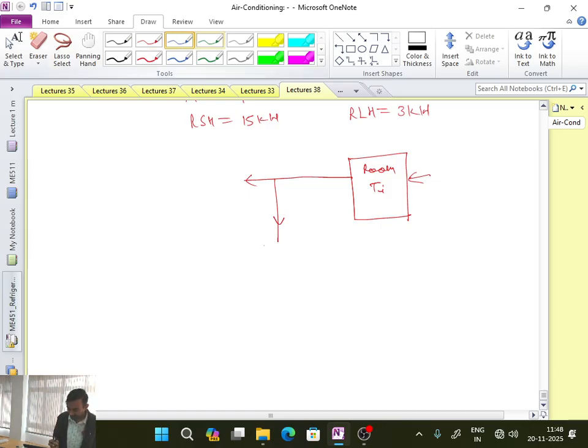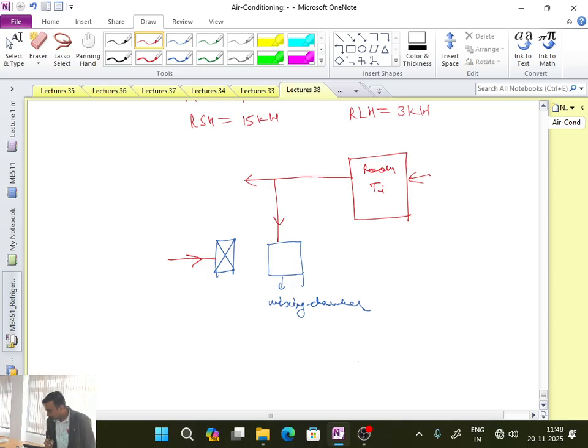Then I have a cooling coil, installed just before the recirculated air, and this is my mixing chamber. First, outdoor air is taken. Outdoor air is cooled in the cooling coil, and then it is allowed to mix in an adiabatic mixing chamber. After the mixing chamber, with the help of a fan, air is circulated to the room. So this is the figure.